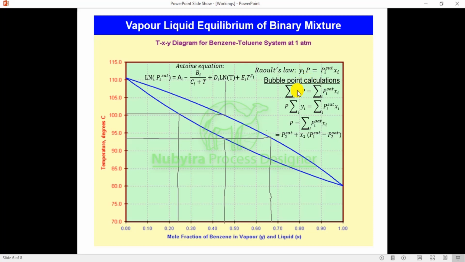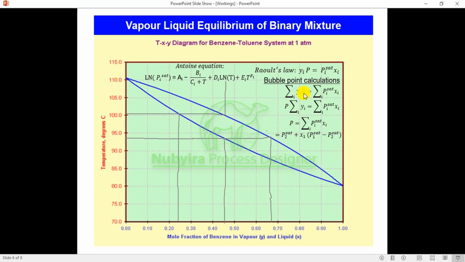And because this is a set of equations, one for each component, if you have like 1000 components, Raoult law is available for each of them. So you can write that law for each of the components. Then you sum up all those components, the summation of yi P, summing both sides for all the components.